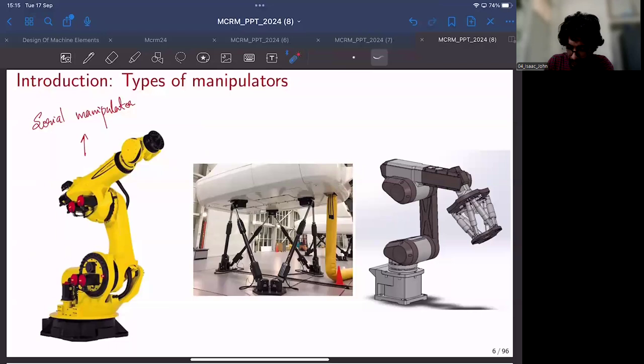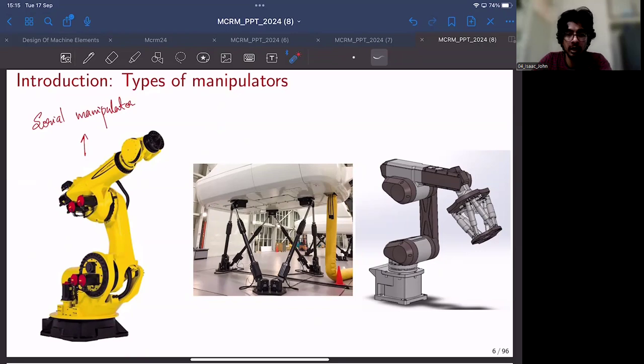And in a serial robot, the actuators are everywhere. It's kind of floating. So the moving inertia as well as the rotational inertia of a serial robot is very high. And due to the fact that the robot has to carry its own weight, it may also lead to some accuracy issues.